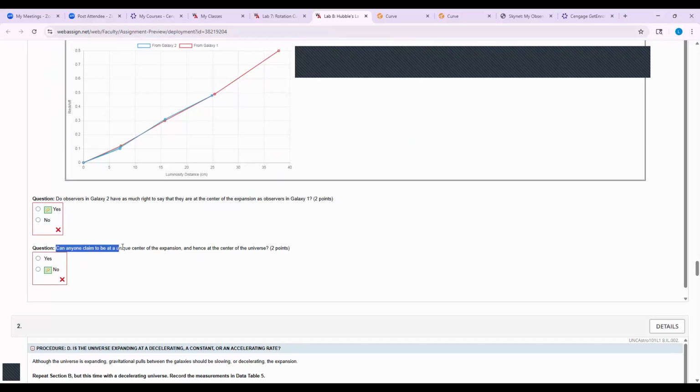Can anybody claim a unique center of the expansion, either in galaxy 1 or 2? The answer is no, because it shows that whether you are located in galaxy 1 or galaxy 2, you see the expansion of the universe at the same rate. It doesn't matter, there is no center of the expansion.